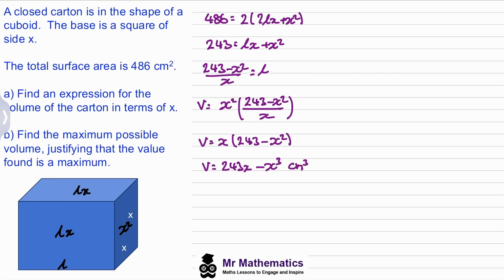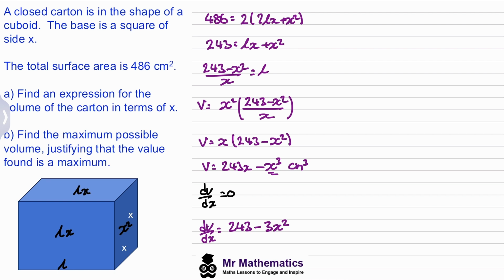So for part C, find the maximum possible volume, justifying that the value found is a maximum. If it's a maximum, then we'll have a stationary point and dV by dx will equal 0. So we need to differentiate this with respect to x. This will become 243 minus 3x squared.